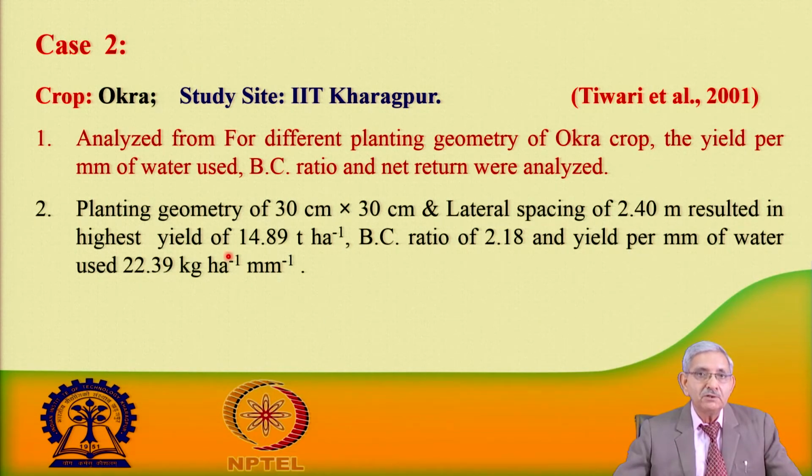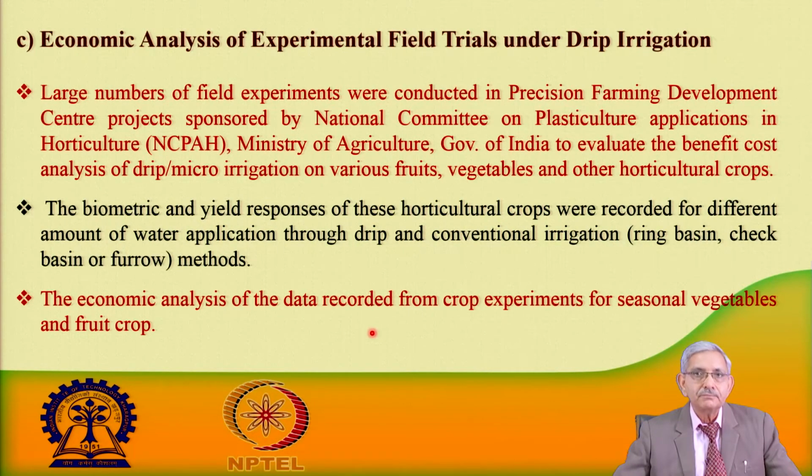It is giving the best response in terms of yield, that is 14.89 tons per hectare with the benefit cost ratio of 2.18, and then the yield per millimeter of water used is 22.39 kilogram per hectare. This is the water use efficiency. So, this is another study considering the planting geometry.